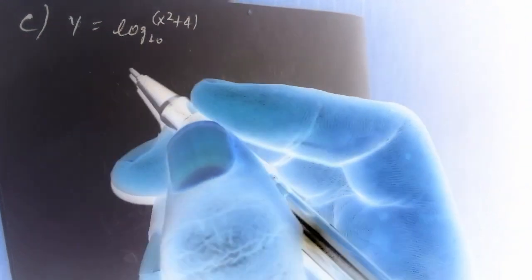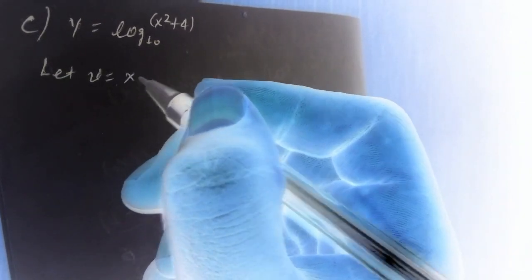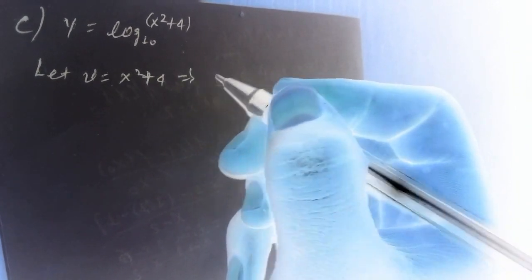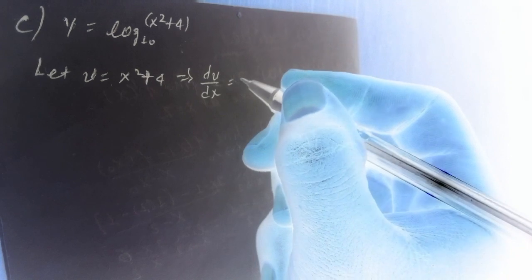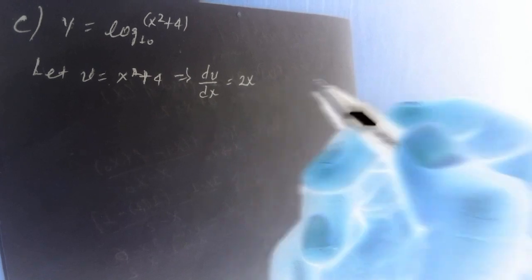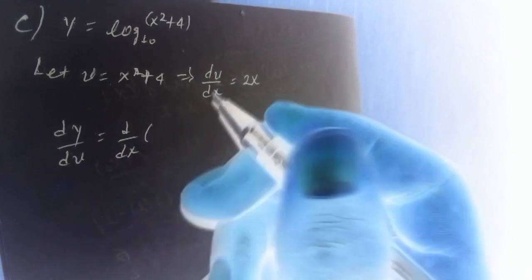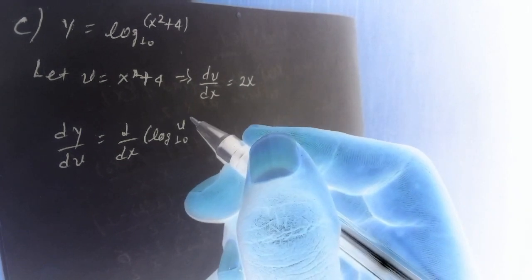The third example is the logarithm function with base 10. To find the derivative, let u equal x squared plus 4. This is also a polynomial, so du by dx is d by dx of x squared plus 4, which is 2x. The other thing, dy by du, equals d by du of log of u in base 10.